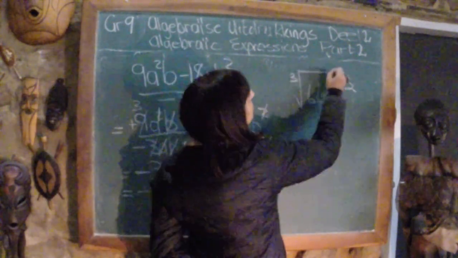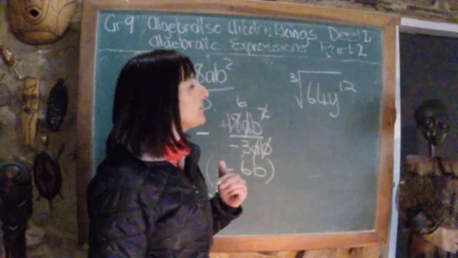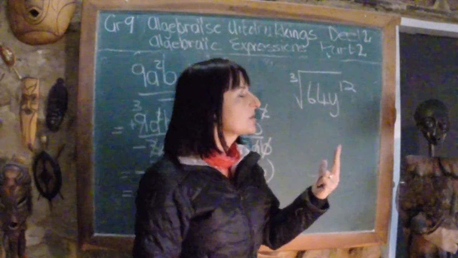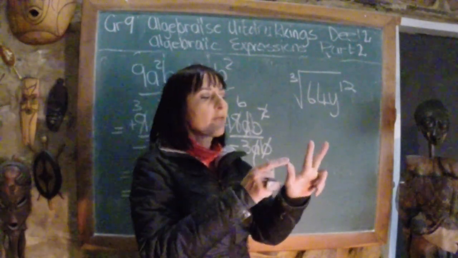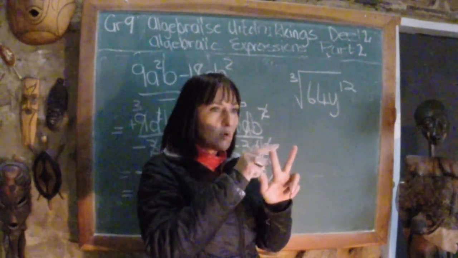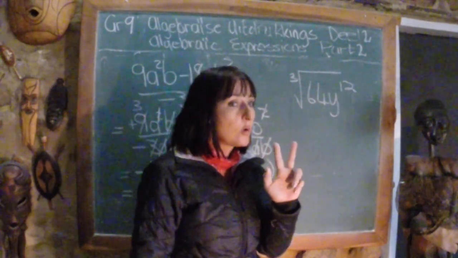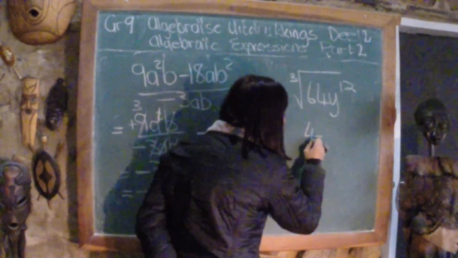The cube root of 64. Cube root means if I multiply something 3 times by itself, it must give me 64. So if I take 4, I've got 4 times 4, it gives me 16, times 4 gives me 64. So the cube root of 64 equals 4.